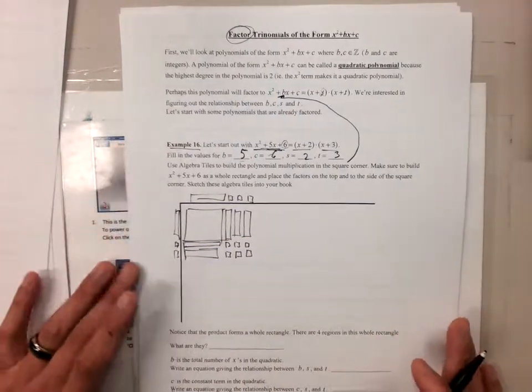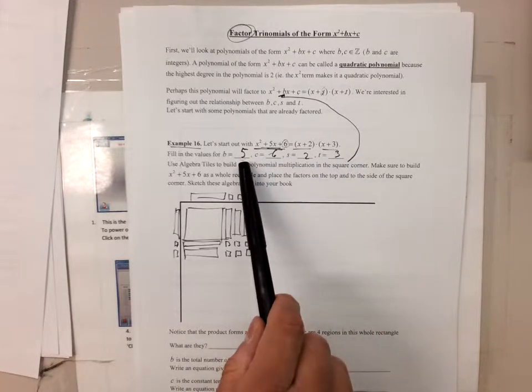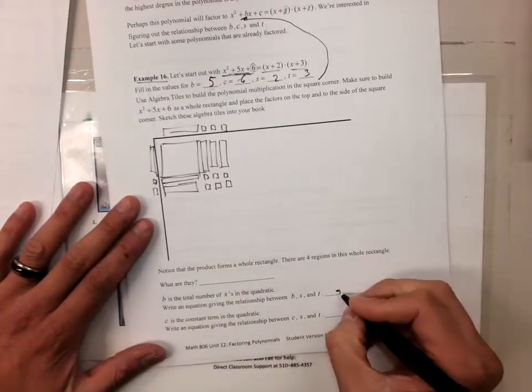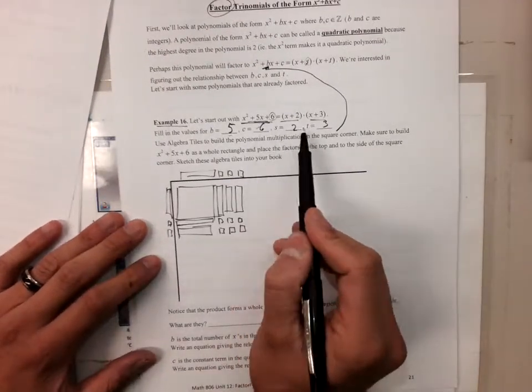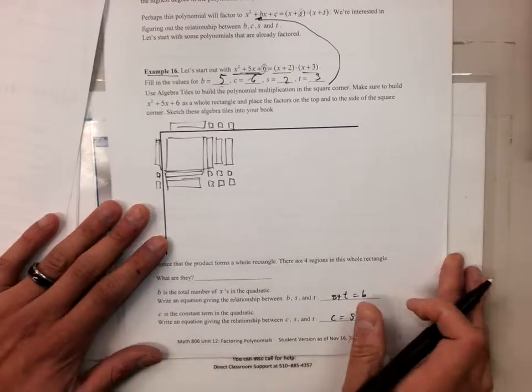Notice that it's a whole rectangle here. And this is kind of the main idea behind this. And there's a fundamental relationship here. As you can see, B is made when I add S and T, right? So S plus T is B. And then what is 2 times 3 is 6, so C is just S times T here.